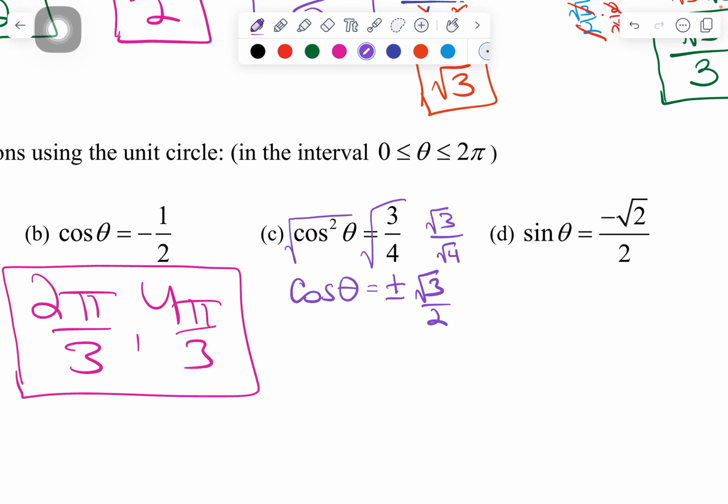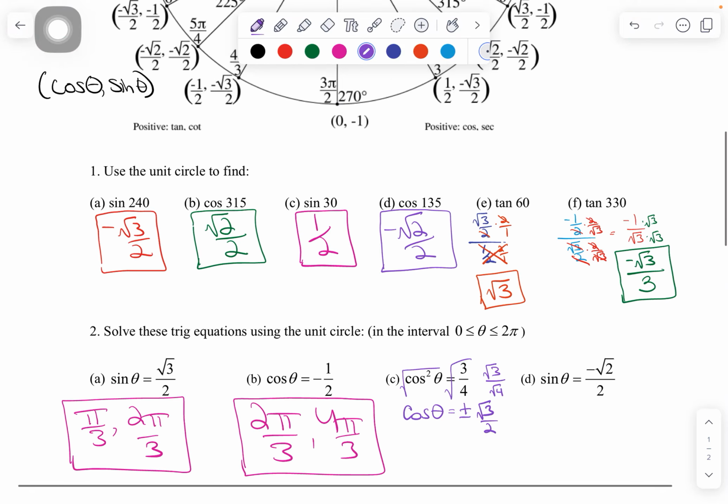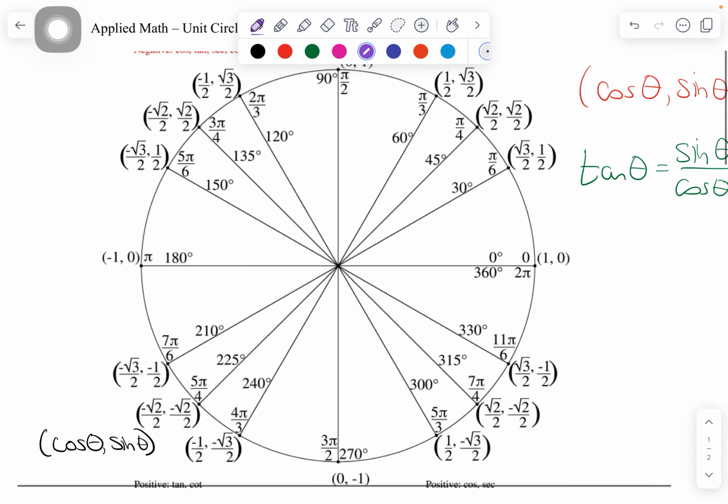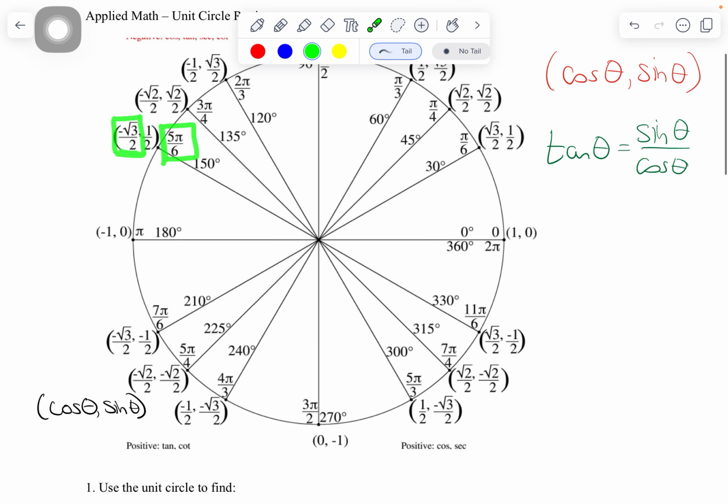Now, cosine are x values, so let's slide on up. What did I say, root 3 over 2? Yes, I did. So let's see what we got here. Root 3 over 2 right here, pi over 6. These are the x values again, because we're looking at cosine. Negative root 3 over 2 right here. That's okay, we wanted negatives as well. That's 5 pi over 6.